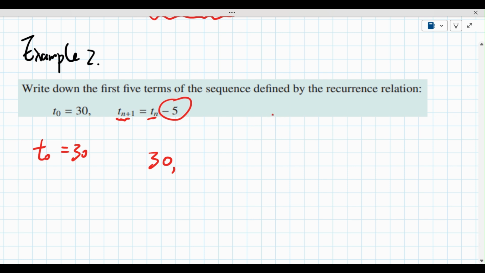It means n starts from 0, 1, 2, 3, and 4, so these are different terms. So that means my T1 is equal to T0 minus 5. Does that make sense? Hopefully that makes sense. This is from the question.